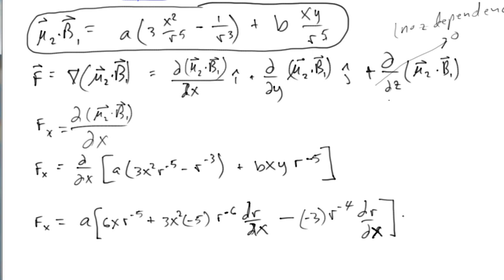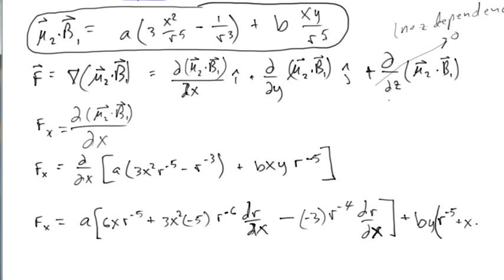And then plus. Alright, this piece has the y, which I can treat as a constant, so it's by times the derivative of the rest of it. The rest of it is a product, x times r to the minus 5th. So I'll take the derivative of the first piece times the second one, plus the first piece left alone times the derivative of the second.